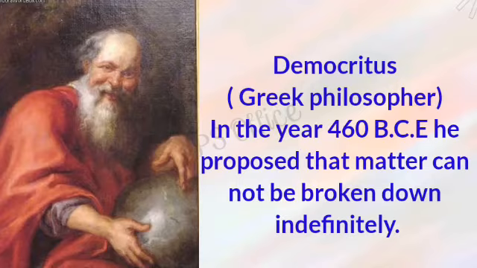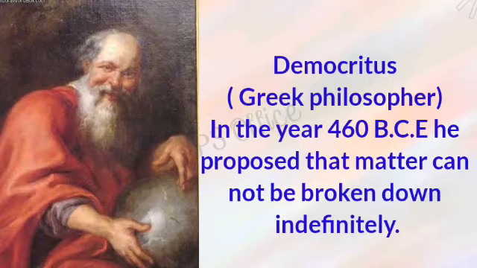One is Democritus. Democritus was a Greek philosopher. In the year 460 BCE, he proposed that matter cannot be broken down indefinitely.